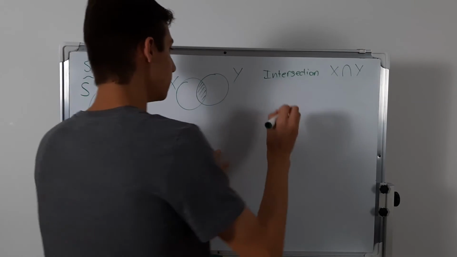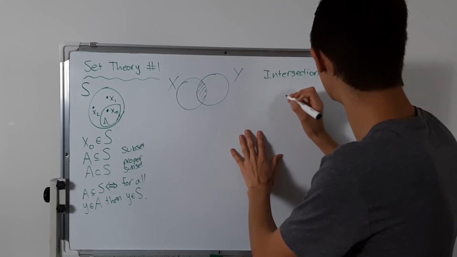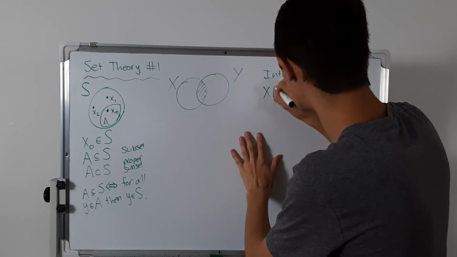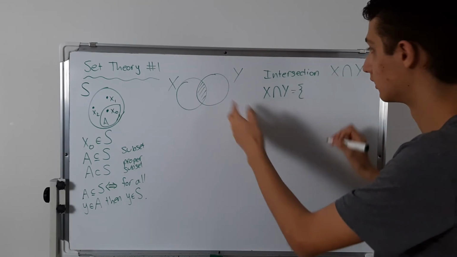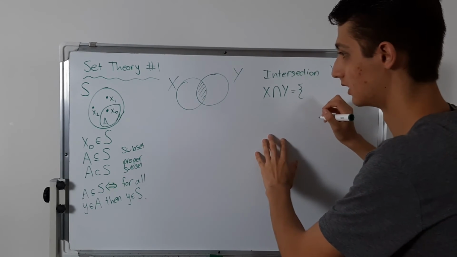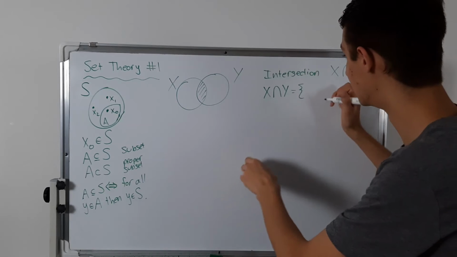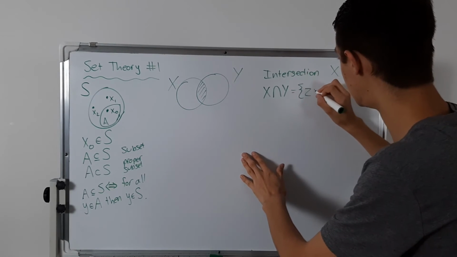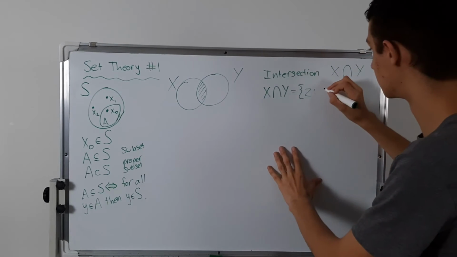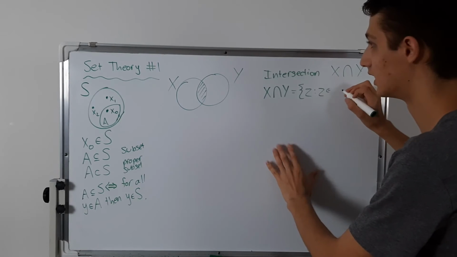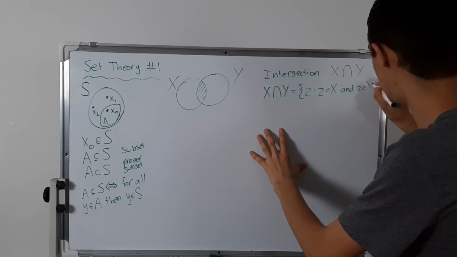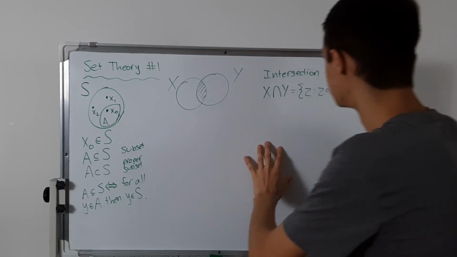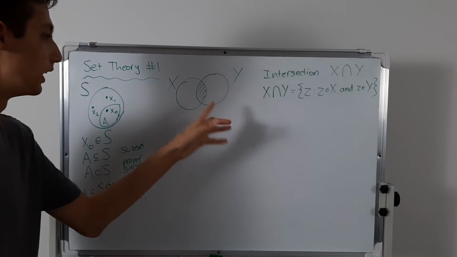So I can say that this is equal to the set of all elements Z, such that Z is in X and Z is in Y. And it has to be both.